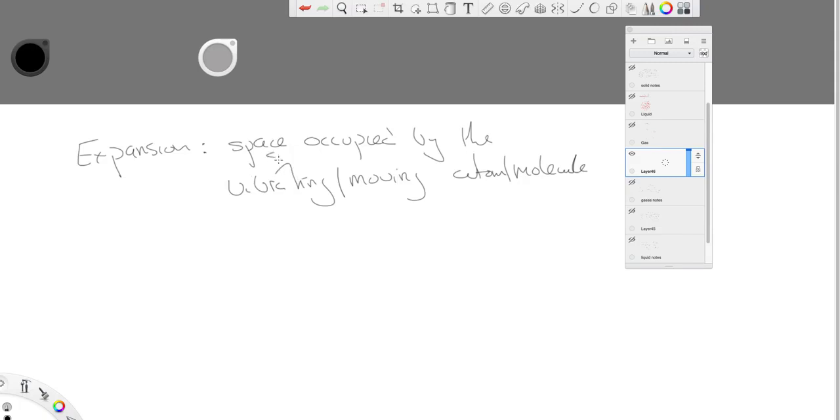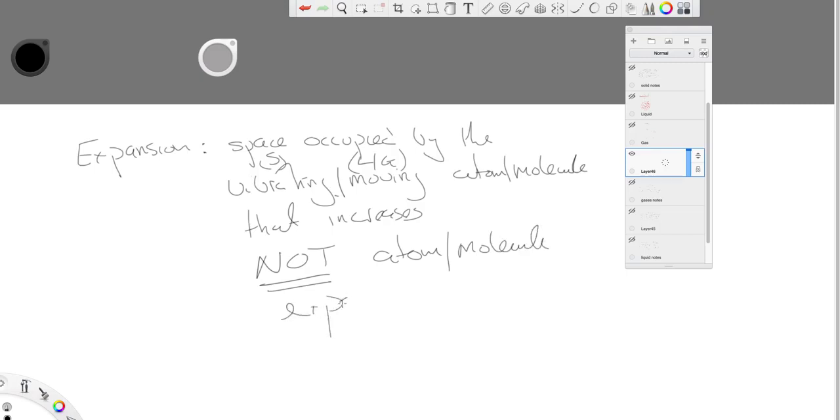This, of course, is your solid. This is your liquid or your gas. Solid molecules vibrate, liquid and gas molecules are moving around. It's the space occupied by these molecules that increases, leading to an increase in the volume of the solid or the volume of the liquid or the volume of the gas. It is not the atom or molecule expanding.